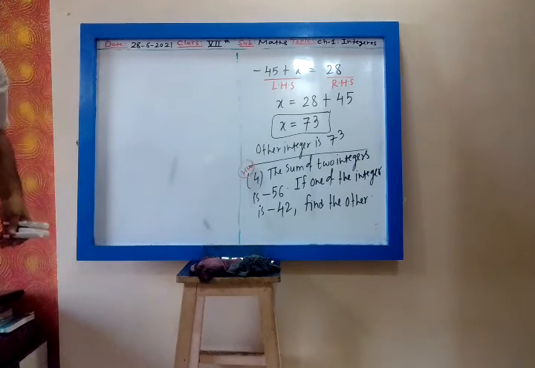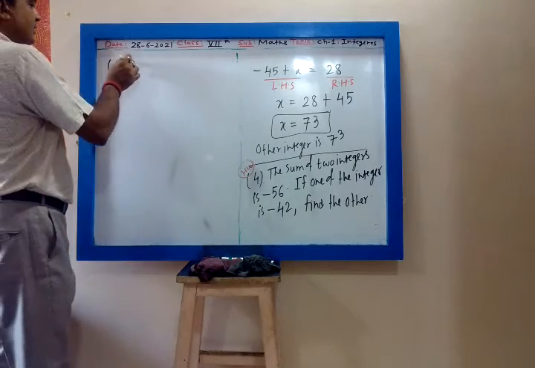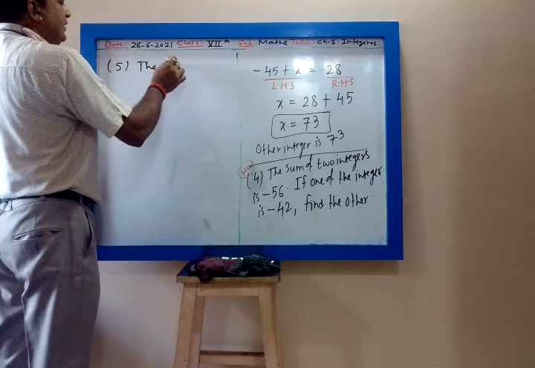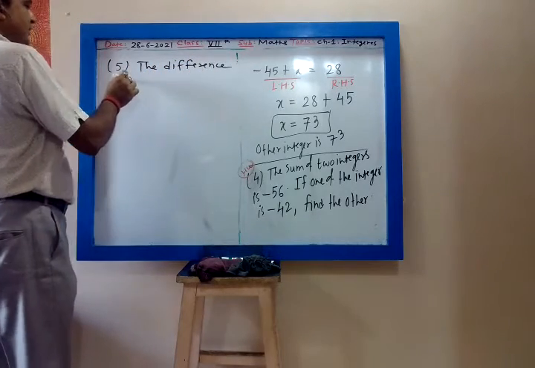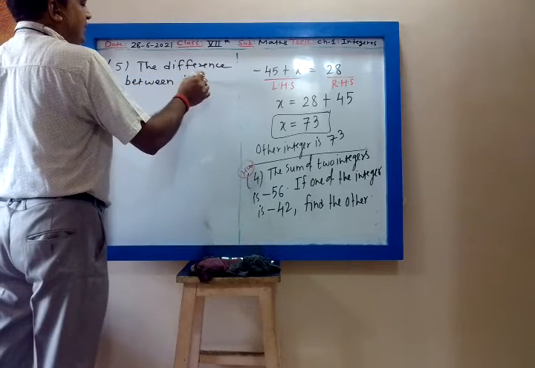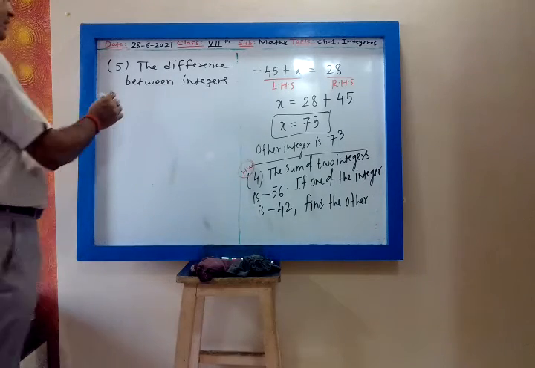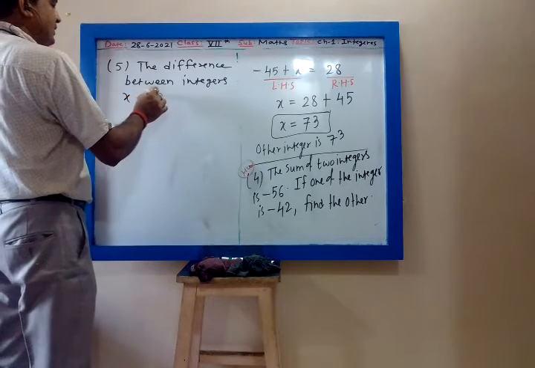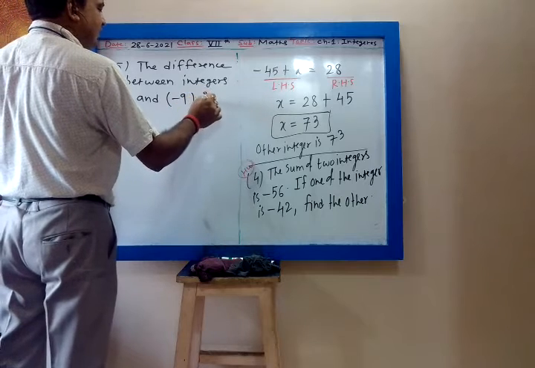Now the fifth one. The difference between integers x and minus 9 is 6.